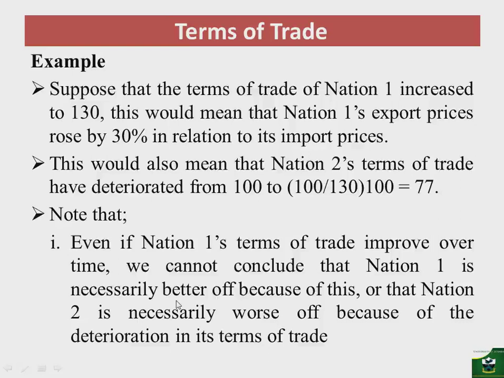There are other factors that we need to look at for us to know whether the welfare of nation 1 has improved or reduced. So we will look at tariffs and other factors, some restrictions on trade, and see what really affects the welfare of a nation. Is it really the terms of trade, or are there other barriers and other factors that will affect the welfare of a nation?